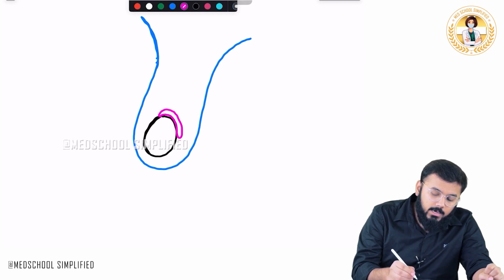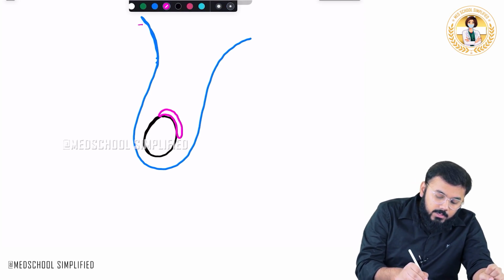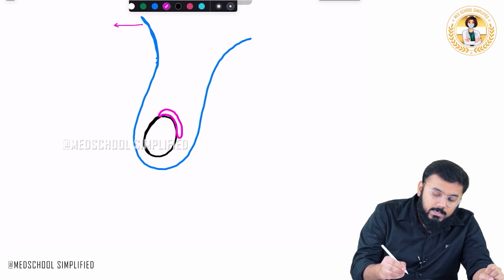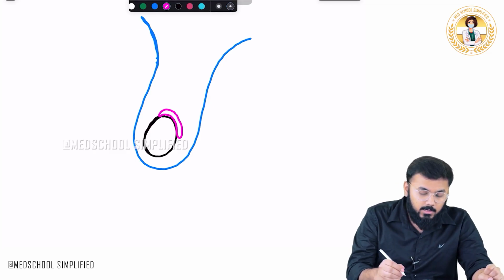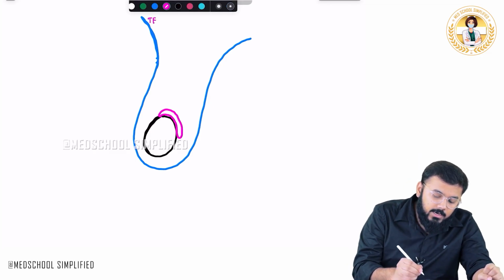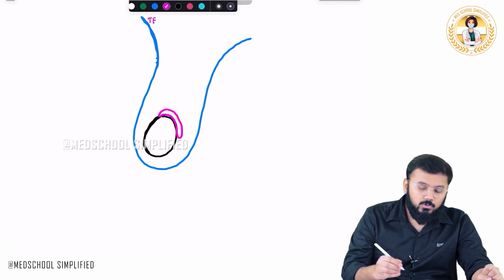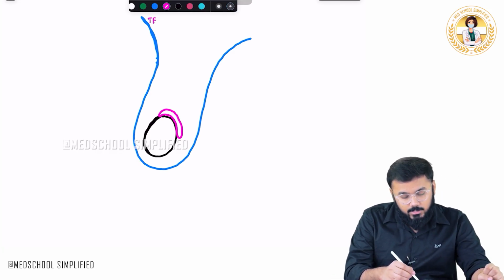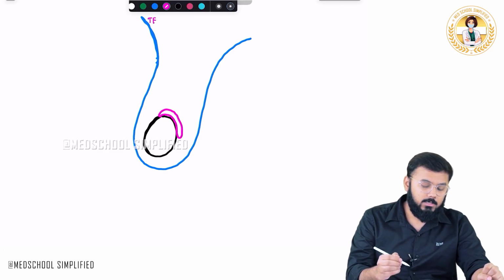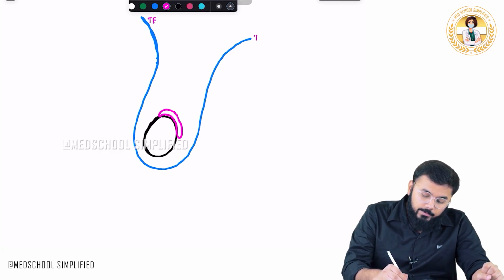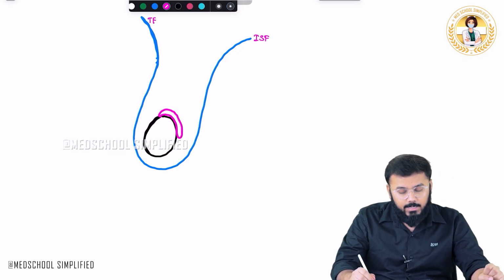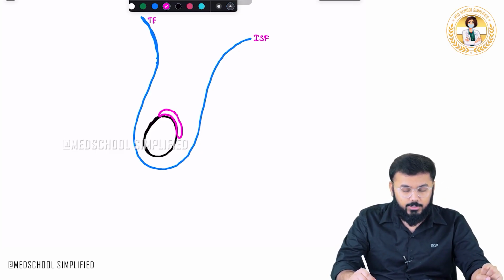Here in the abdominal cavity this fascia is called the transversalis fascia. I will just write it as TF, later I will write in detail. So this TF, the transversalis fascia, once after surrounding your testis, will transform into the internal spermatic fascia.